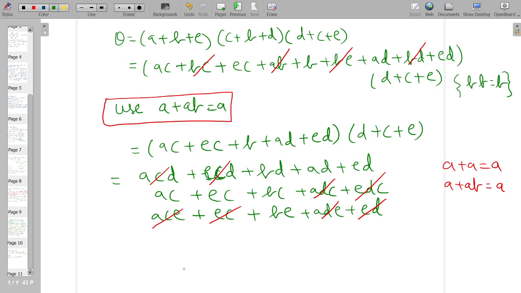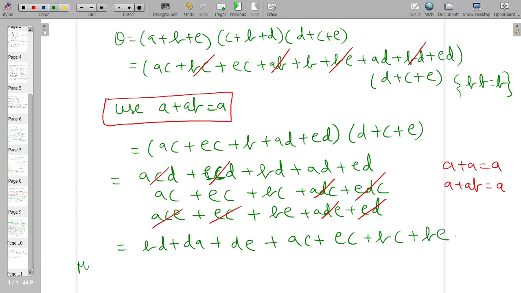What are they? So this would be BD plus DA plus DE plus AC plus EC plus BC plus BE.